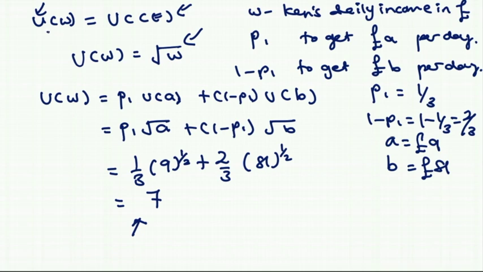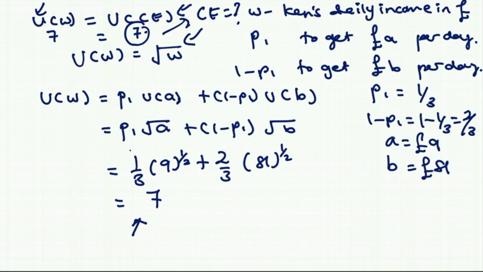That means if here is 7, the utility of the certainty equivalent must be 7 also in terms of unit, isn't it? So we need to make sure that this is 7. From here, we want to find what is actually the CE that can give us 7 utility satisfaction. All right? So that's the issue now.